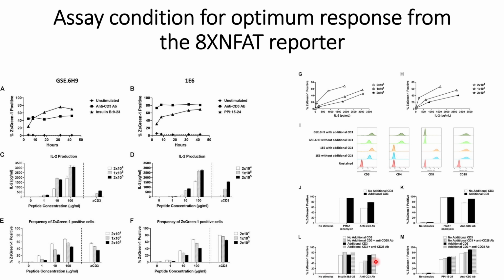And when they use both insulin and anti-CD28 antibodies, they are able to see signals that can be seen here. And when they use insulin plus anti-CD3 additions to the cells plus CD28, the signals remain the same.